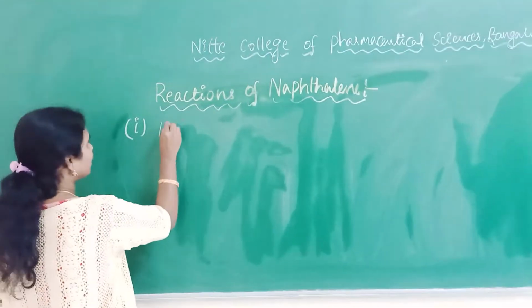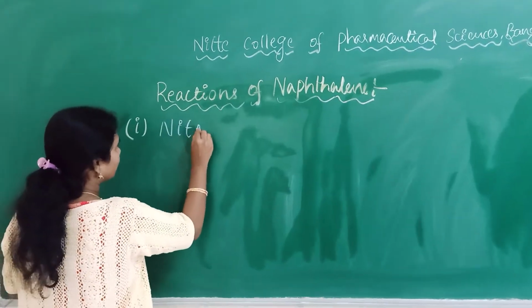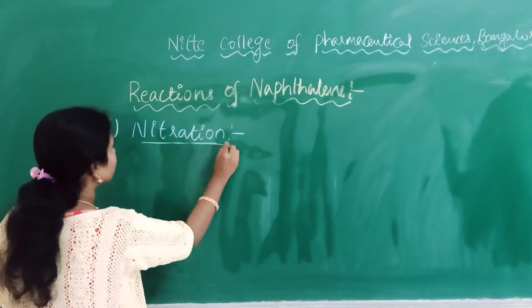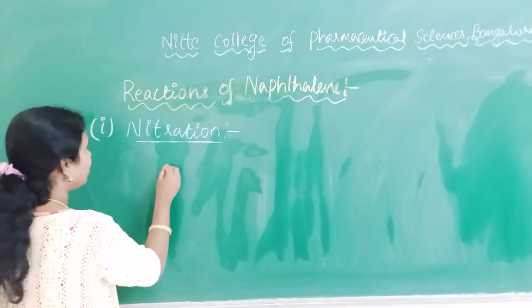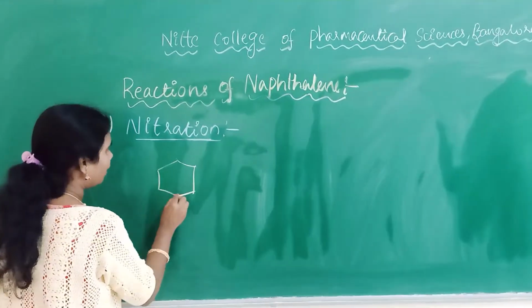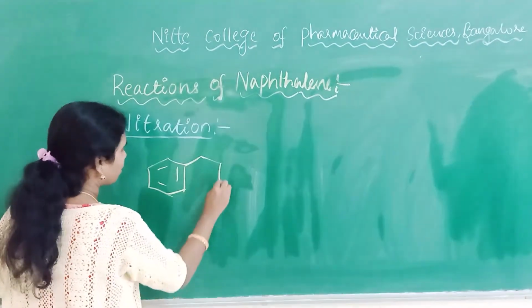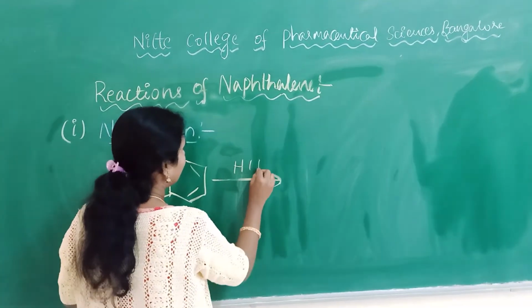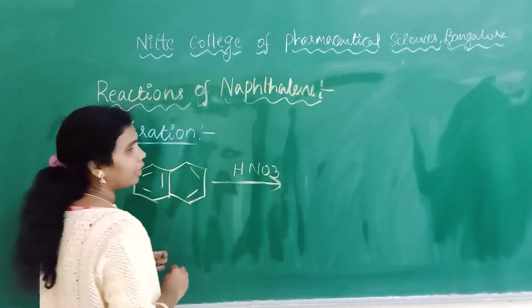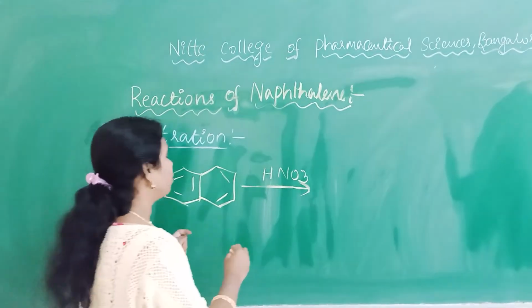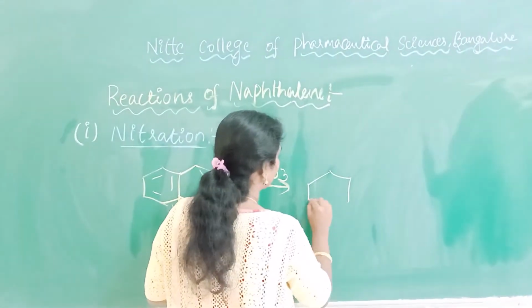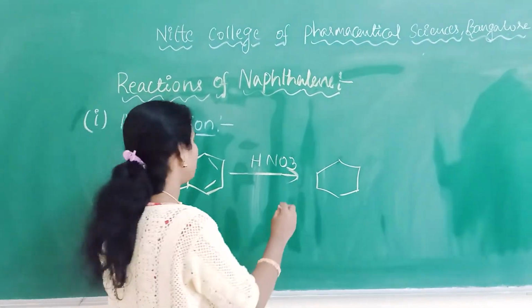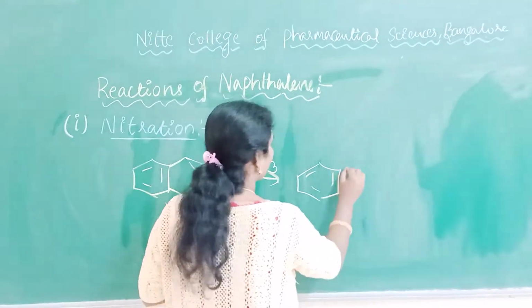So the first reaction is nitration. Nitration generally occurs in the presence of concentrated nitric acid. Naphthalene undergoes nitration in the presence of nitric acid under mild conditions, and as I already told you, it gives the product at the first position.